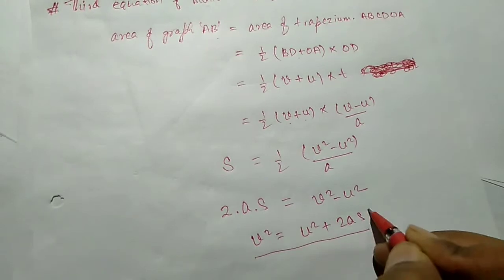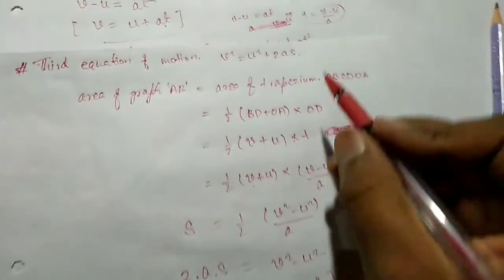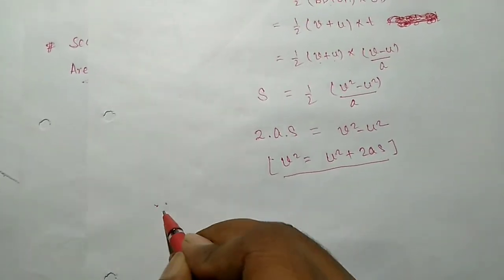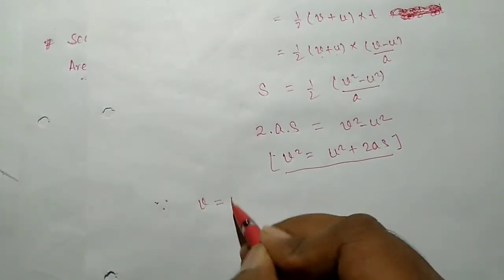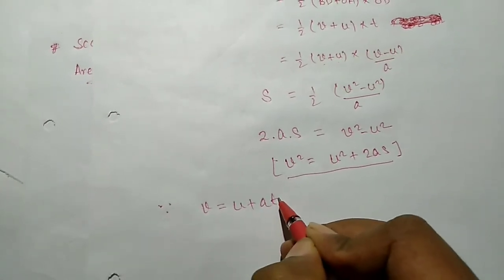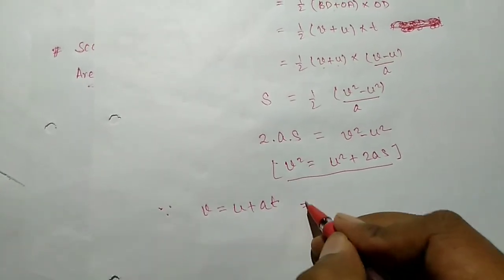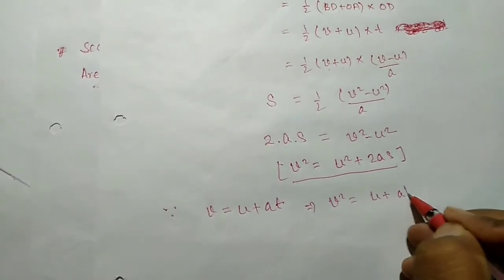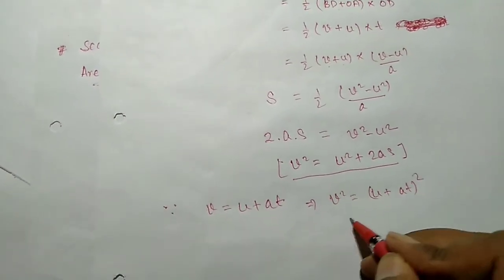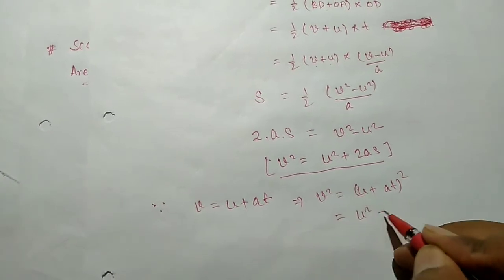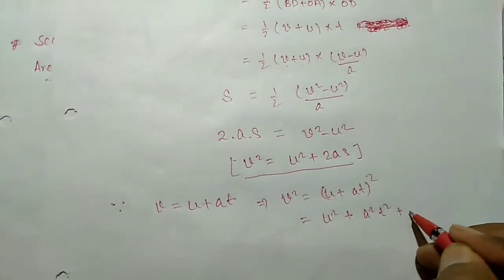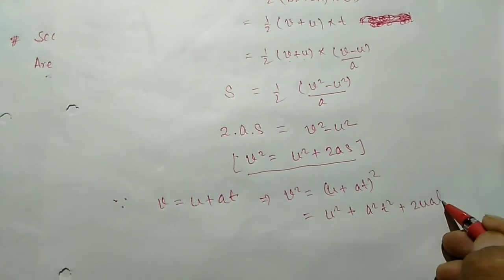So we have obtained the third equation of motion. The easy method, meaning another way, is that you can write here, since we know that v is equal to u plus at, on squaring both sides, what you will get is v square is equal to (u plus at) whole square, or u square plus a square t square plus 2uat.